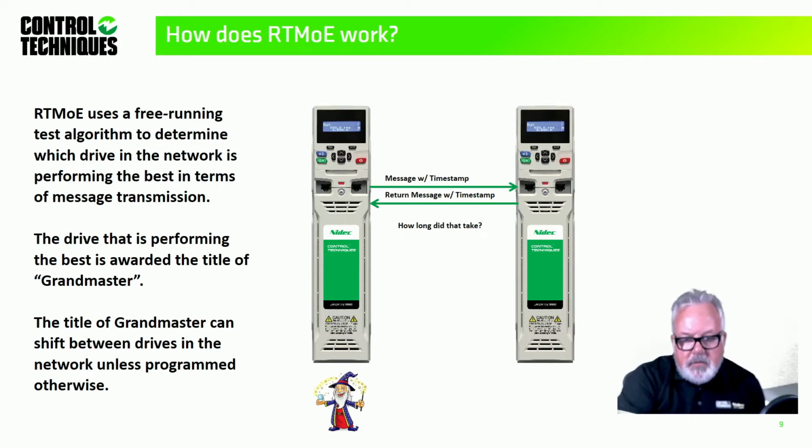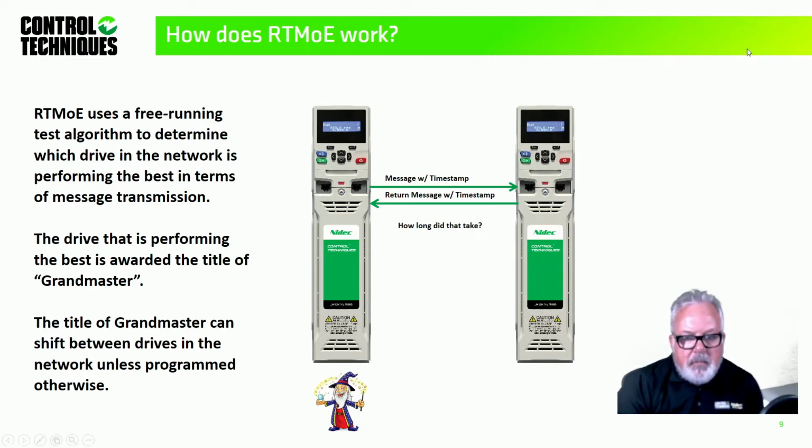So how this works is like this. And again, it comes back to the moment that you connect multiple drives on the same subnetwork, this process of RTMoE begins running. And it's a free-running test algorithm that's used to determine which drive in the network is performing the best in terms of message transmission.